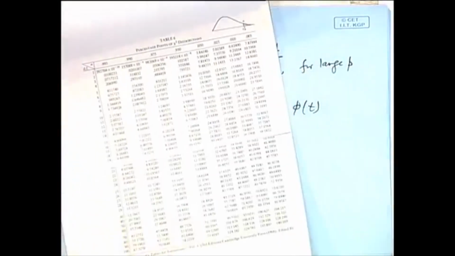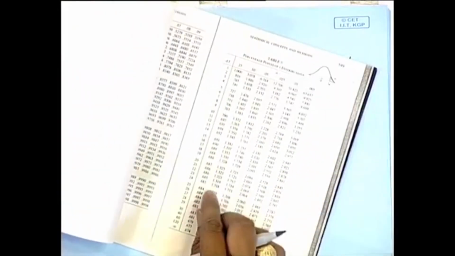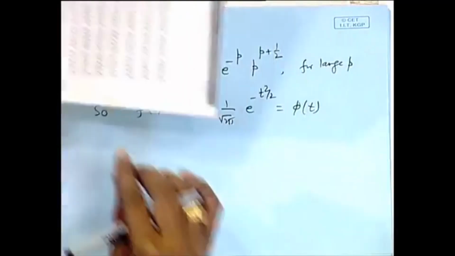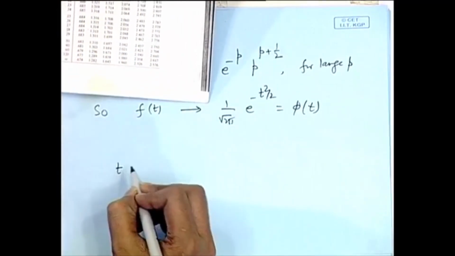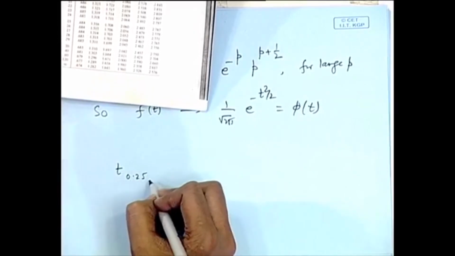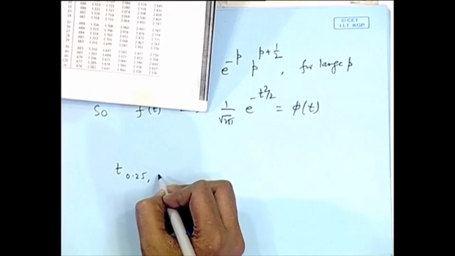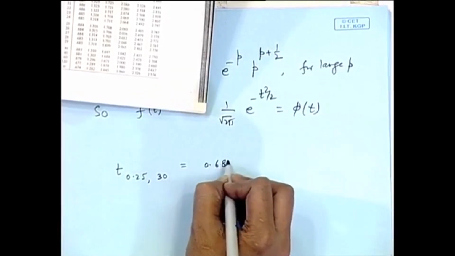If we look at a standard table of the t distribution, unfortunately this cannot be seen here, but I will just write here the t value at 0.25 and 30, which is 0.683.